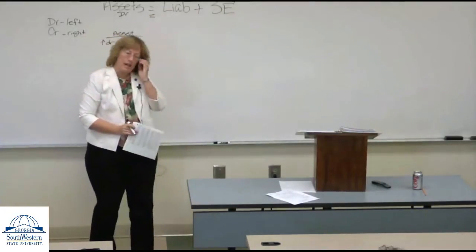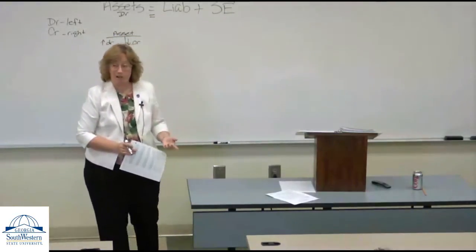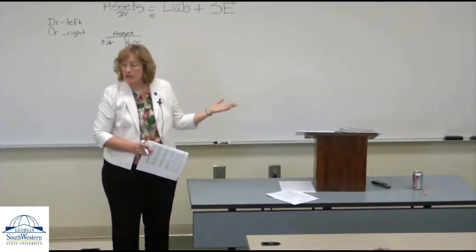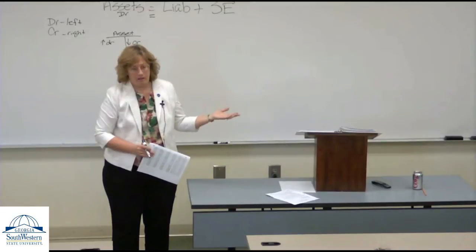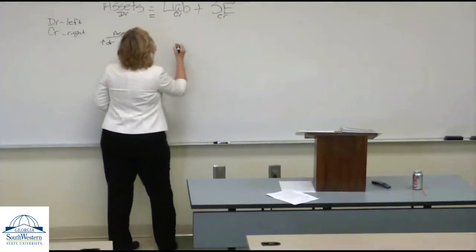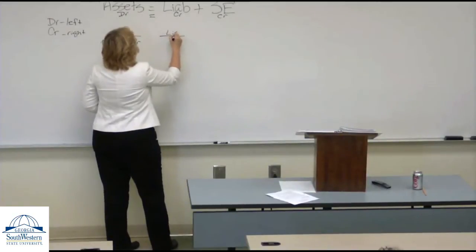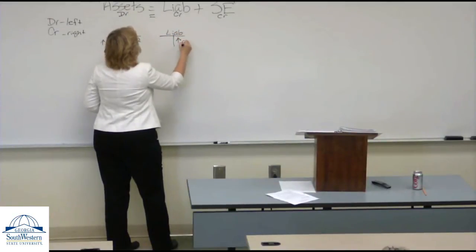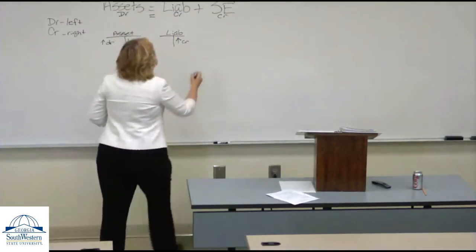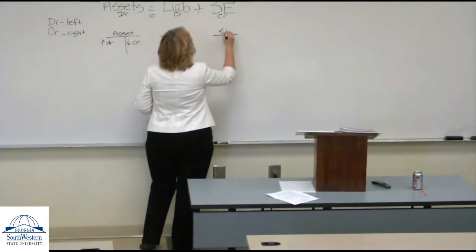What would you think liabilities and stockholders' equity are if assets are debits? These other guys on the other side of the equal sign are credits. Right. These guys are credits, which means that liabilities increase with a credit. Okay? And also, stockholders' equity increases with a credit.